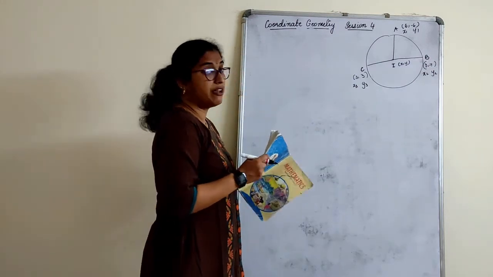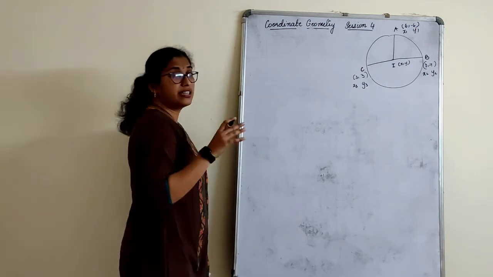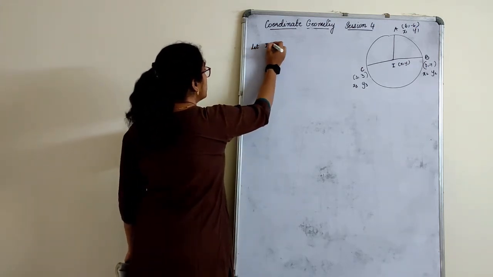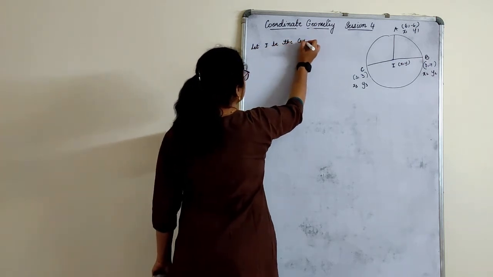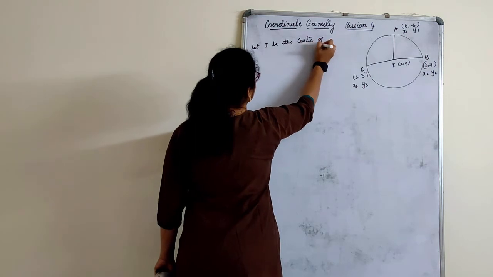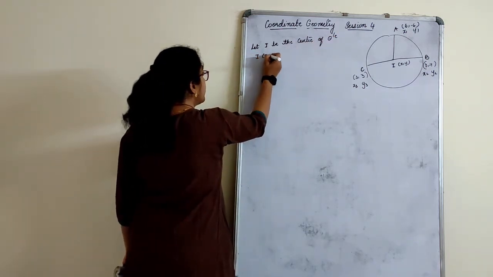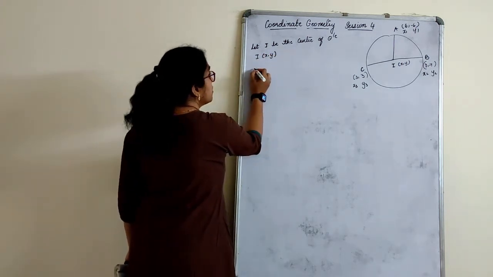Find the center of the circle. Now, center of the circle we have to find anything. O also can be center. I did not take O because let's not get confused with 0. That's fine. Let I be the center of circle. So, coordinates of I will be x and y. That is what we have to find out.